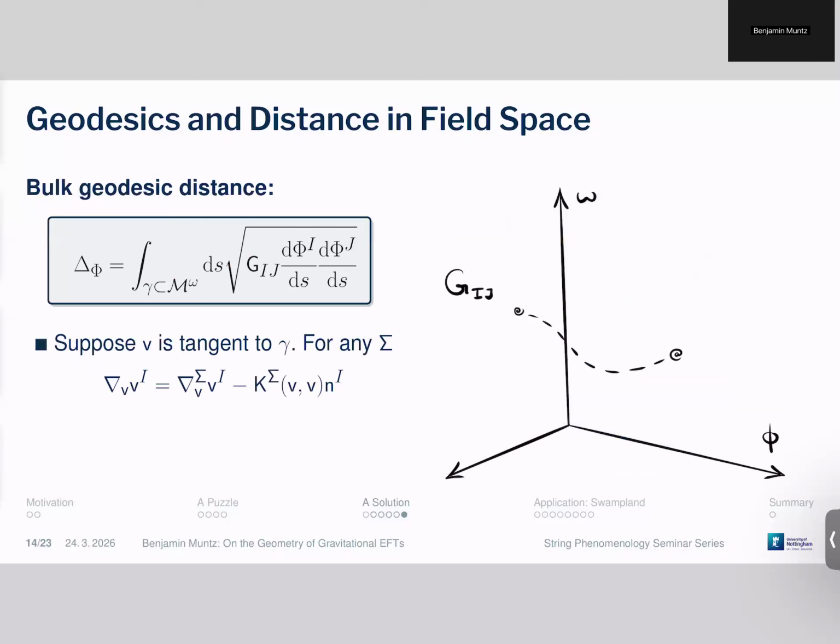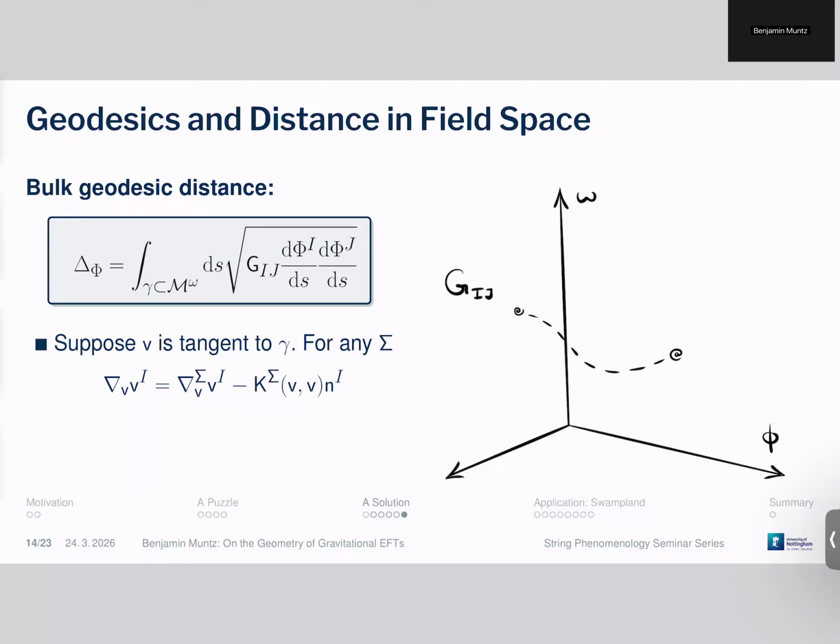Because the augmented field space metric is completely well-defined and covariant, we can define a geodesic distance there in the bulk, and then we can suppose we have some tangent vector of some curve. Then we can decompose the directional derivative of that tangent vector in terms of components along and normal to some hypersurface, arbitrary for now.